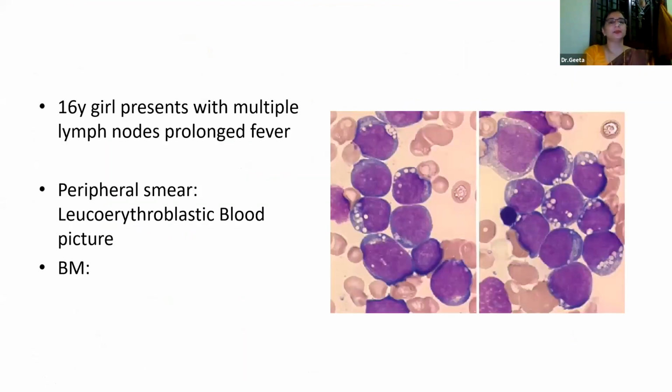This is another picture from a typical blast in a child, 16-year-old.